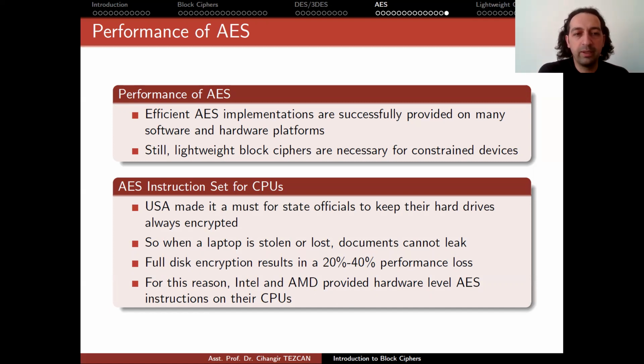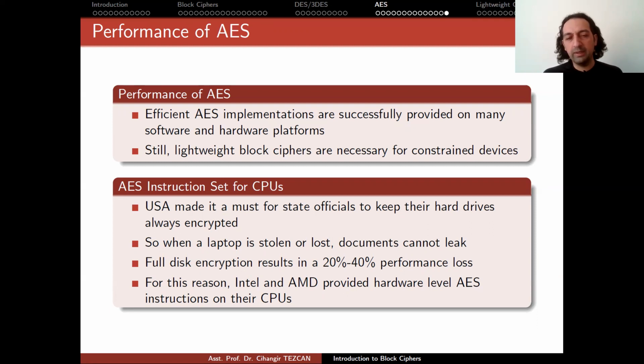There is a special case we need to talk about for AES, because modern CPUs, I think since 2010, Intel and AMD CPUs come with hardware level instruction sets. These are called AES-NI instructions, generally shortened as AES-NI.